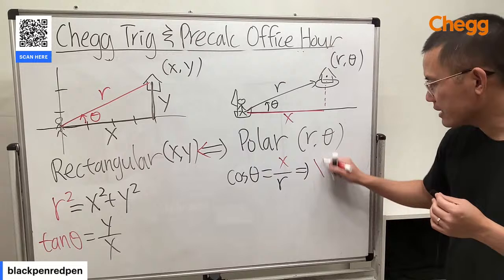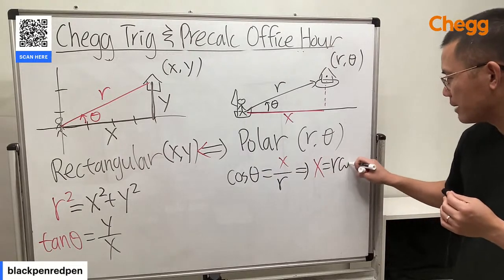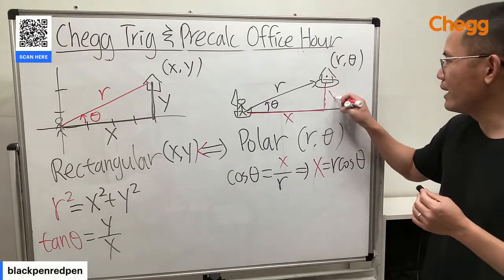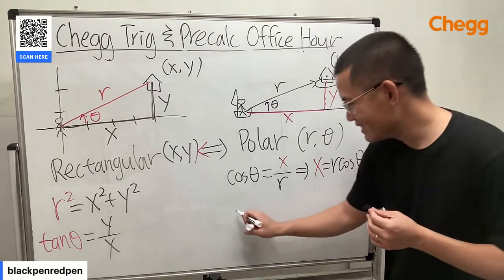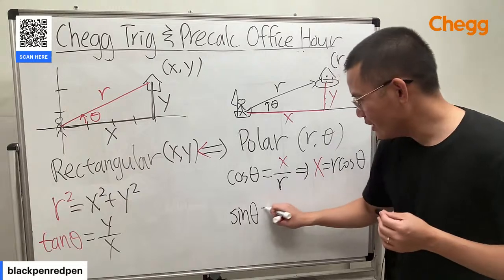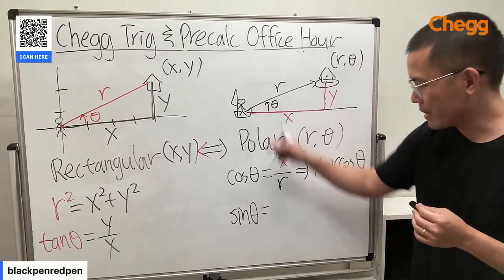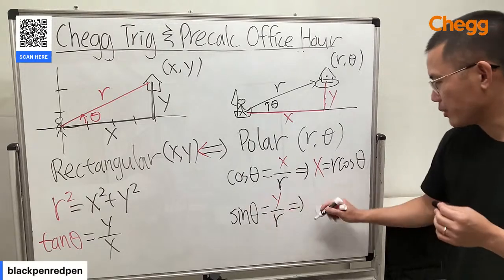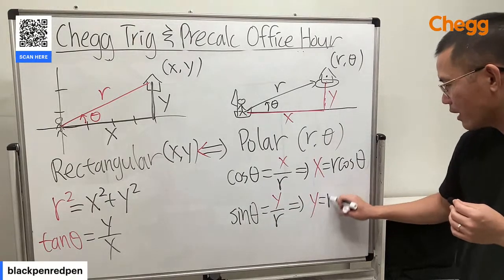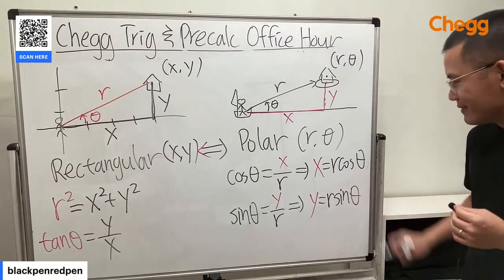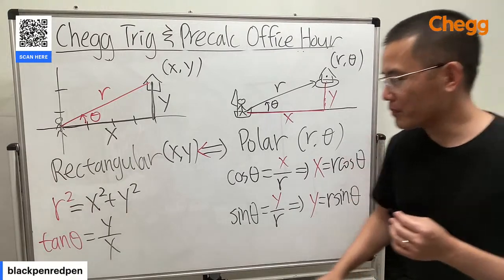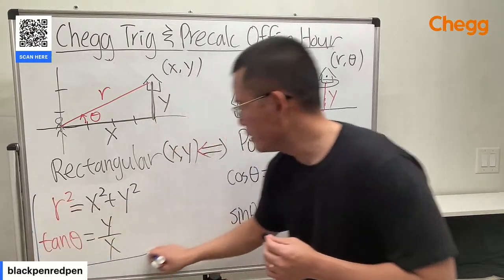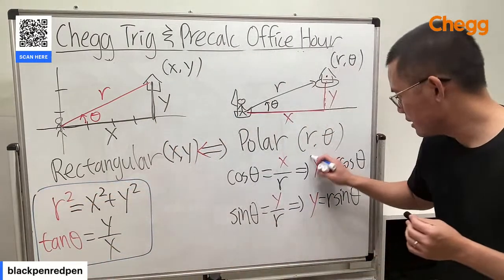We see x is equal to r times cosine theta. Now to get y, we use sine. Sine theta equals opposite over hypotenuse, y over r. Multiply r to both sides, y equals r sine theta. So these are the four main formulas, right? Here we have these two, and then these two.